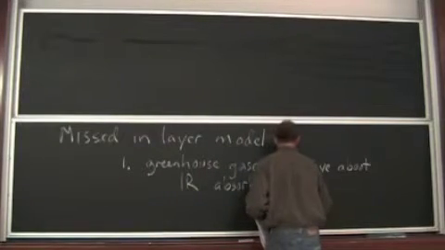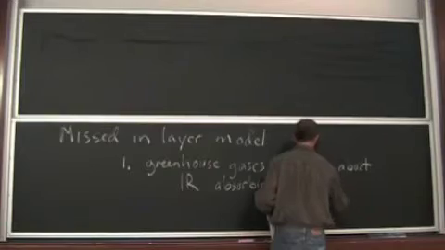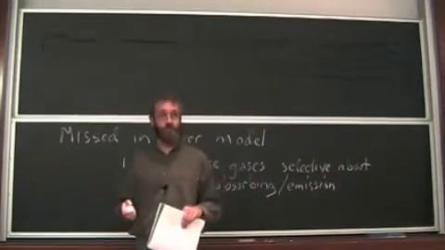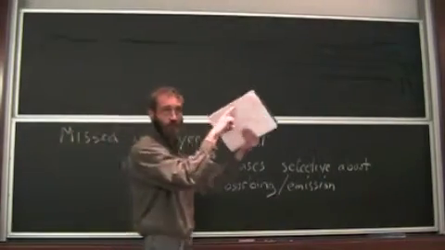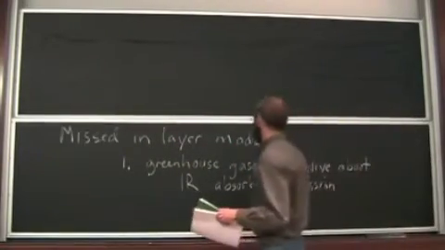And of course, if it can absorb, it can emit. Kirchhoff's law, it's always a two-way street. So the layer model, the original one, the pane of glass did everything. Greenhouse gases are choosier than that.